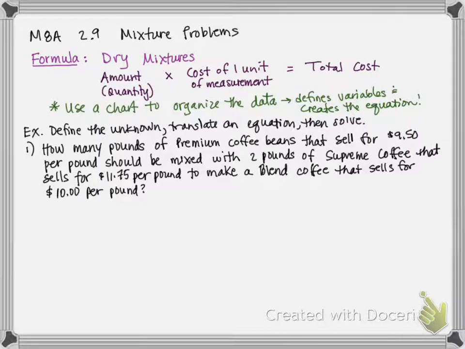Okay, so what we have is 2 different types of coffee. We have premium coffee, we have supreme coffee, and they together make a blend coffee. So those are going to be listed in our chart going down vertically.